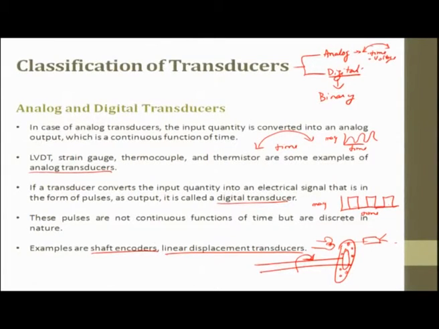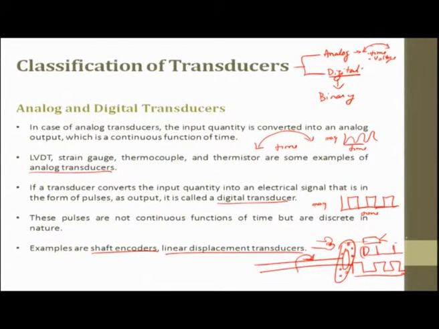So, the signal is 1, then 0, then 1, then 0, and so on. If you zoom in, it can look like this. So, these are digital transducers.